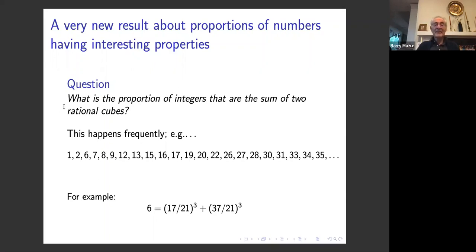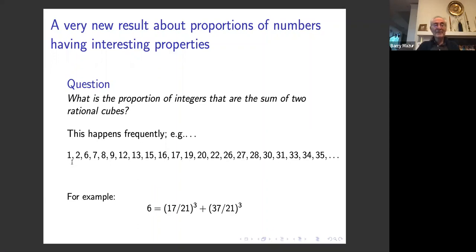So the question is, what is the proportion of integers that are the sum of two rational cubes? And if you try to play with this, you see that this happens pretty frequently.